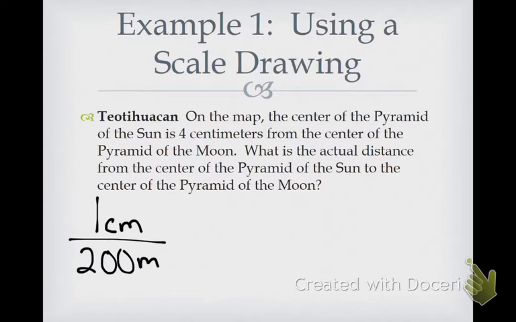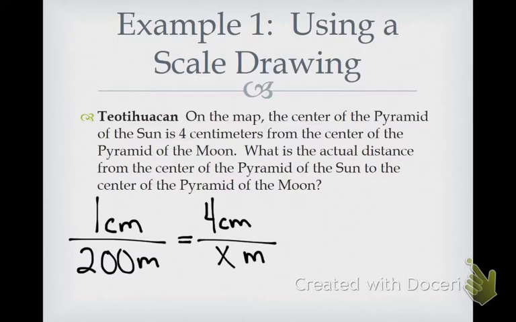So now 4 centimeters, again, we've got to match up our proportions, the scale over the actual, or in this case centimeters over meters, but it's got to match up. So you go 4 centimeters over, you don't know the actual distance, so that's X meters. Now you can just solve the proportion like you would normally solve any proportion.